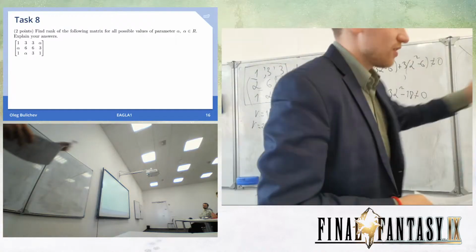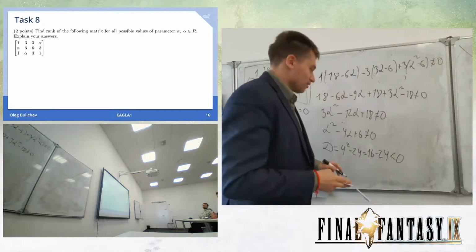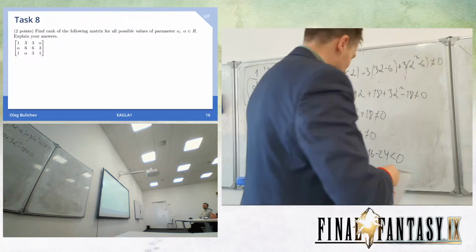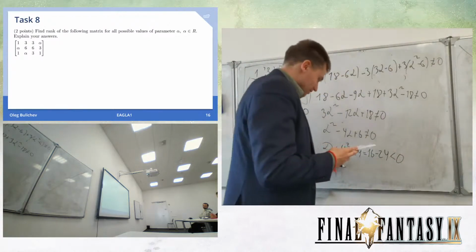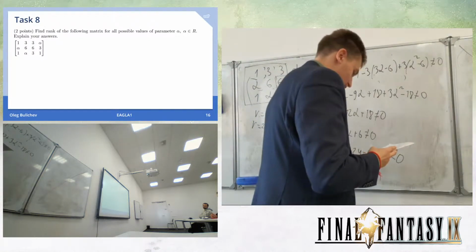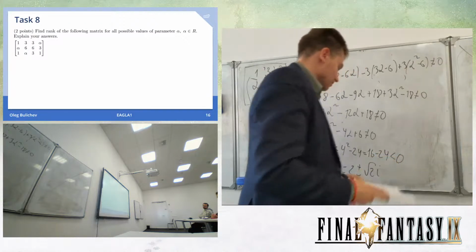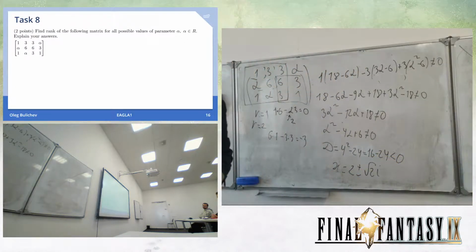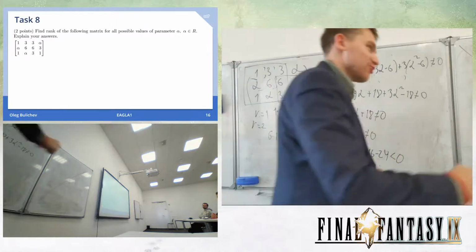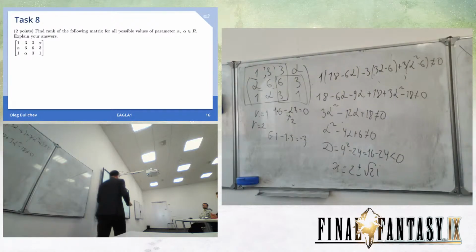If you don't see that alpha is real, we can say, okay, we have an imaginary part, let's go further. And we can find that alpha is 2 plus or minus the square root of 2. Yeah, I found roots, but unfortunately, it should be rational.